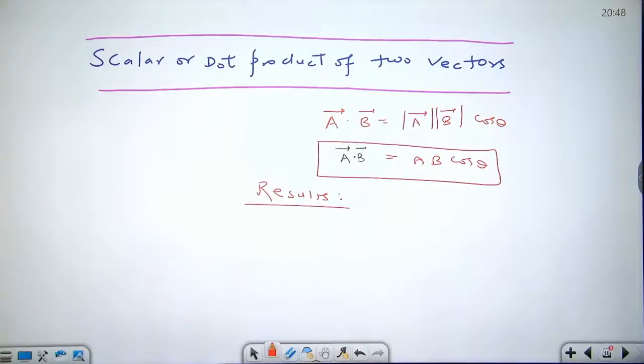Okay, hope you understood. So what you are getting? You are getting i cap dot j cap equal to 0. j cap dot k cap equal to 0. k cap dot i cap equal to 0. Okay.